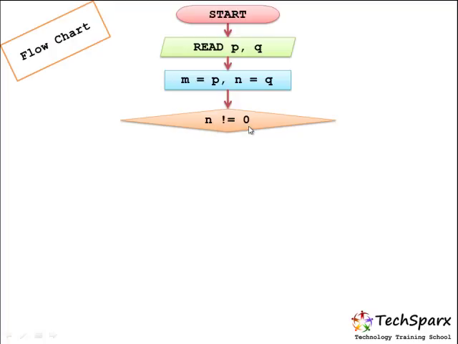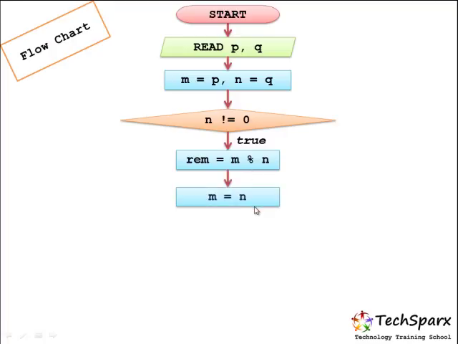As long as n is not equal to 0, my first step is to find the remainder of m and n. So how do you find the remainder of m and n? So rem is equal to m mod n. Second step is store the value of n in m. And then the third step is store the value of rem in n.